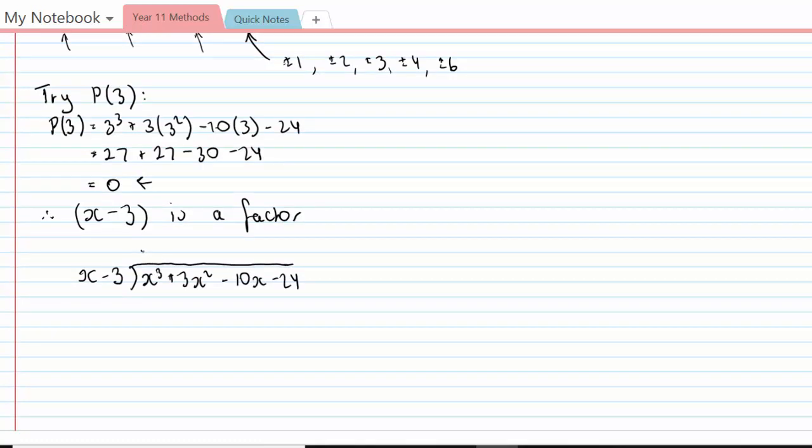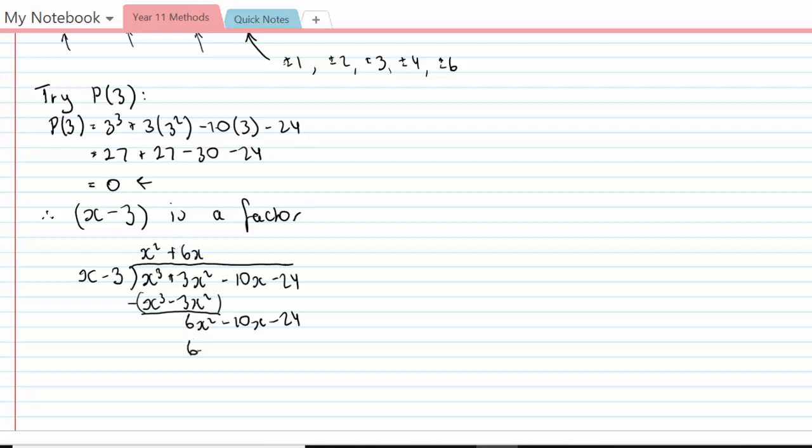So I'm going to put x squared there. That gives us x cubed minus 3x squared. Take that away. That leaves us with 6x squared minus 10x minus 24. So that means I need to have a plus 6x here.